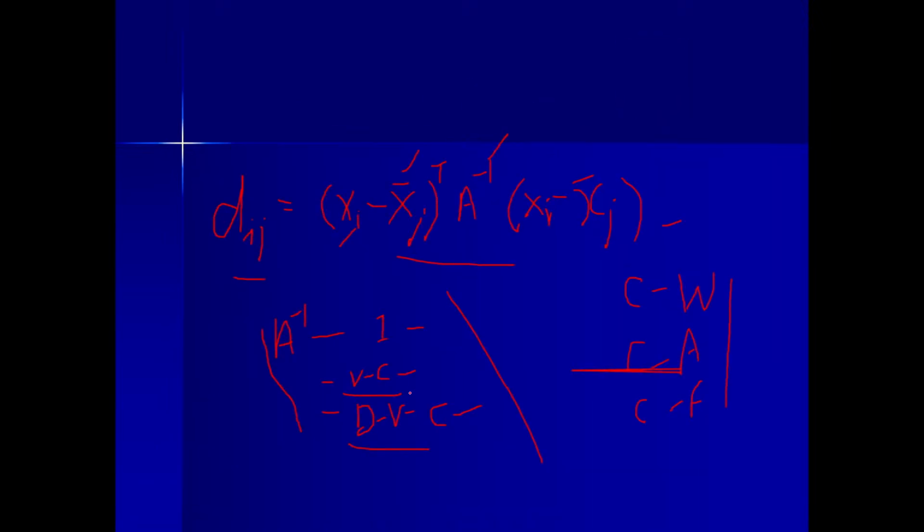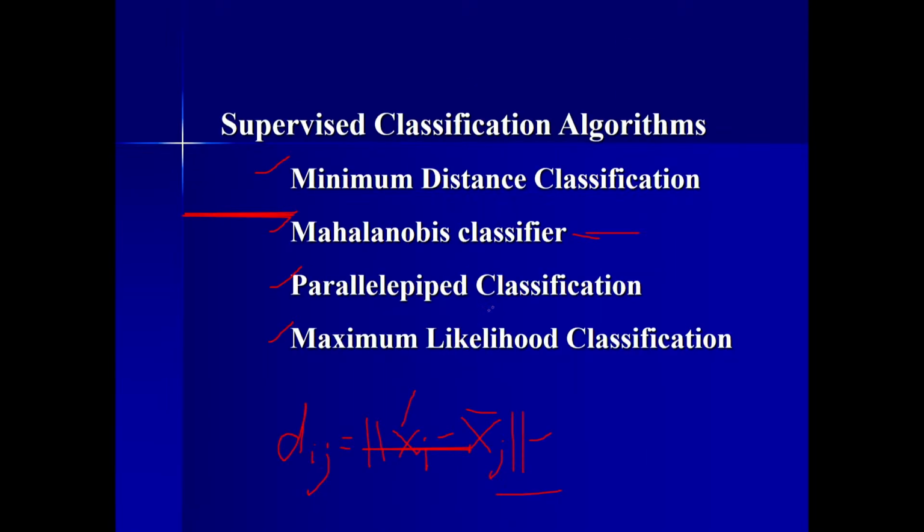In the same way for Mahalanobis distance, you can again have 3 norms using unit matrix, variance covariance matrix, and diagonal variance covariance matrix. If you are using the unit or identity matrix, the Mahalanobis classifier will work as a minimum distance Euclidean distance classifier. So these algorithms work that way, but only a very special case has been applied in the commercial tool.